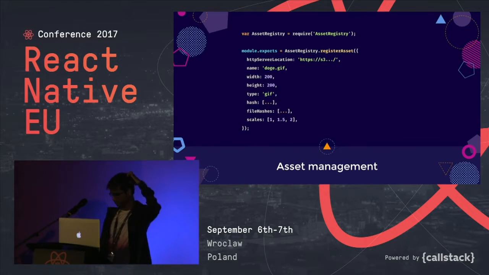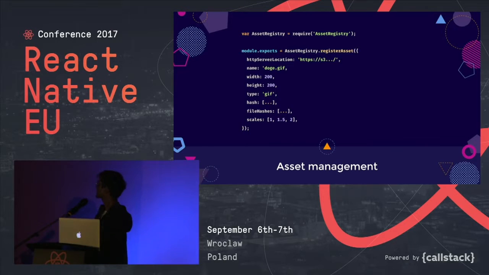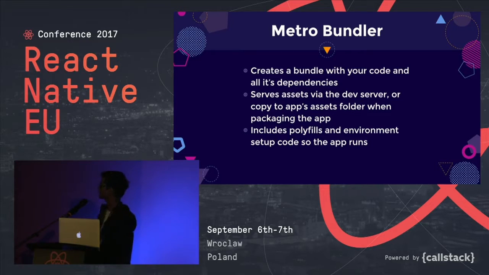So this is how assets are bundled, and the bundler in React Native is called Metro Bundler. So how does Metro Bundler do it? It bundles your code and its dependencies, and it also includes the information about the assets.